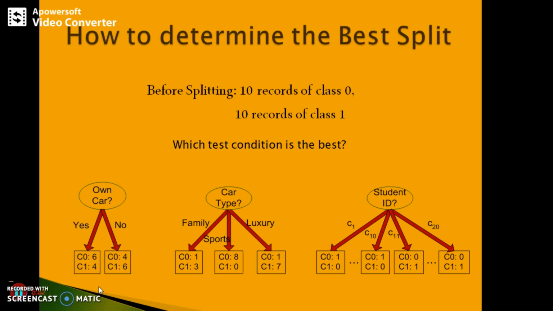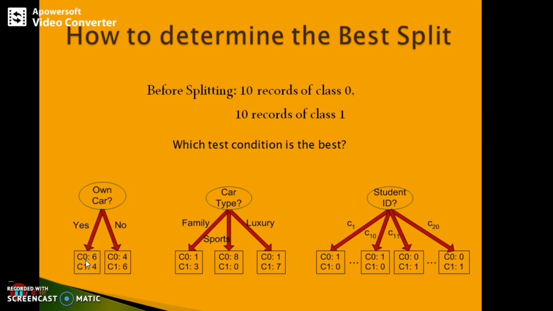C1. So basically what we are trying to see here is that there are 6 records which belong to C0 that satisfy the given condition, whereas there are still 4 records which belong to the other class which also satisfy the condition. But what is our intention? Our intention is to do the classification.